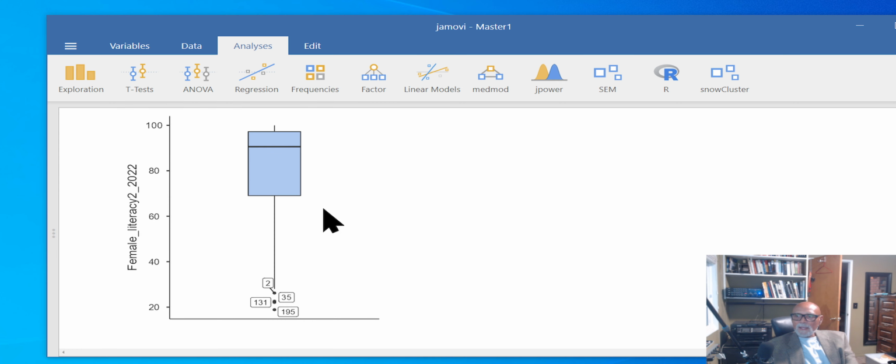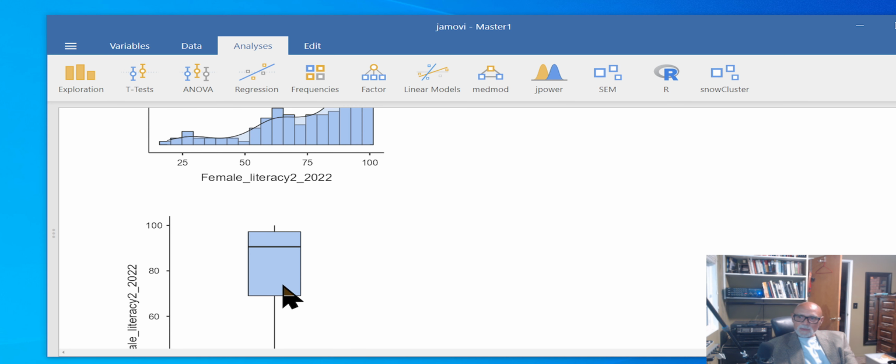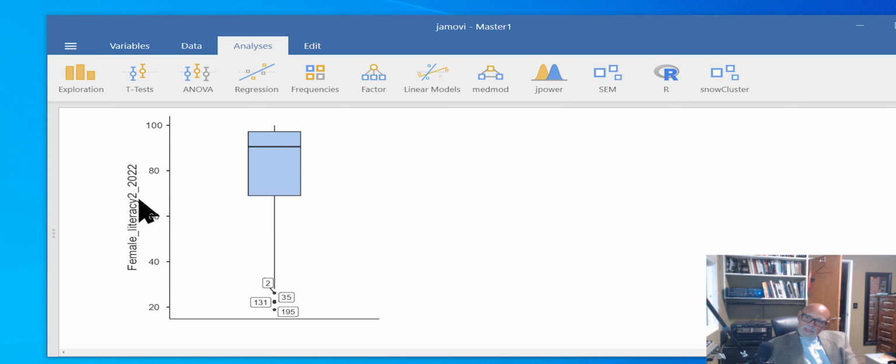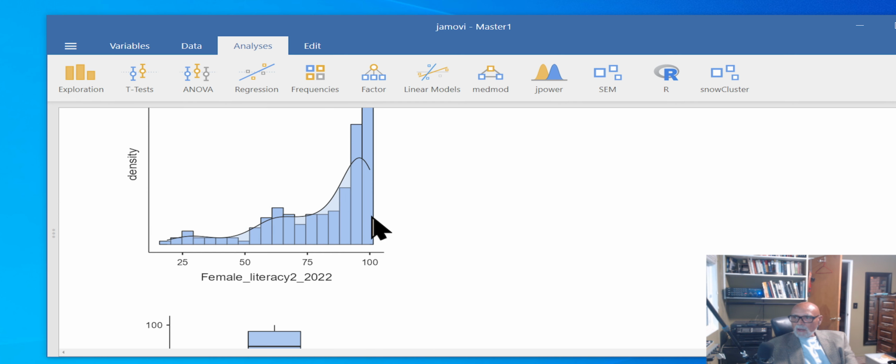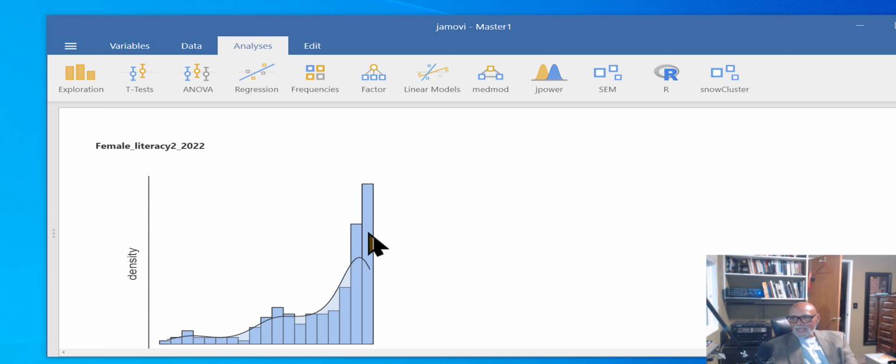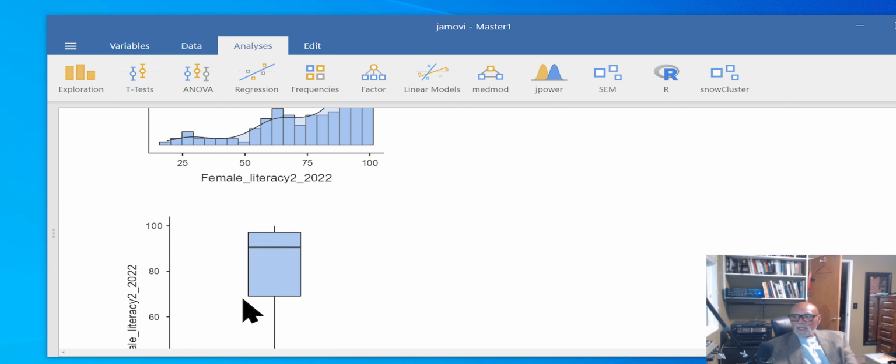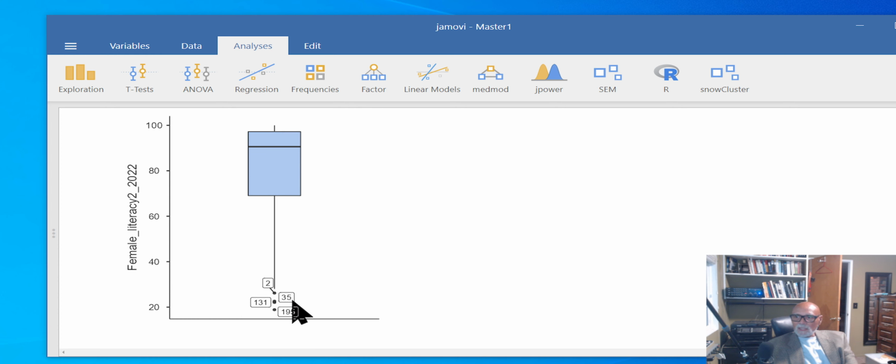Negative skew. Okay, and here we checked the box that asked to identify outliers. And so we see we have outliers for this variable, which is literacy. In this case, for literacy, almost all countries had very high literacy, but there are a few that had very low literacy. And these few are labeled here.